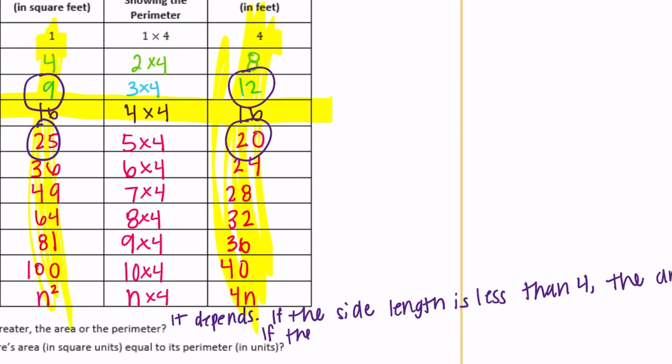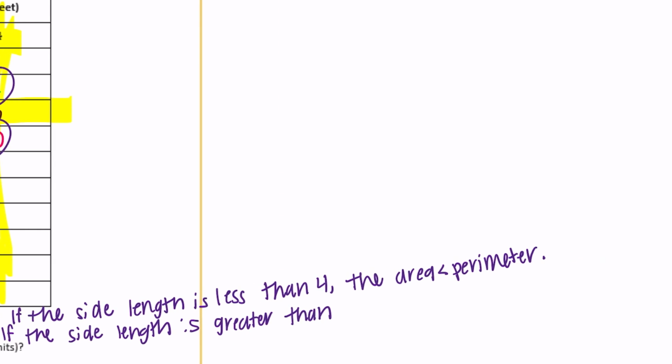If the side length is greater than 4, the area is greater than the perimeter.